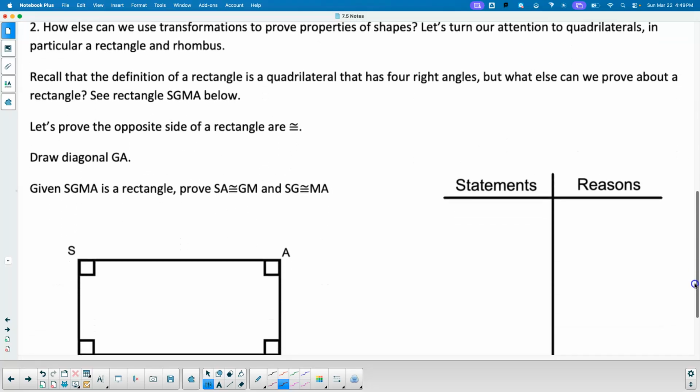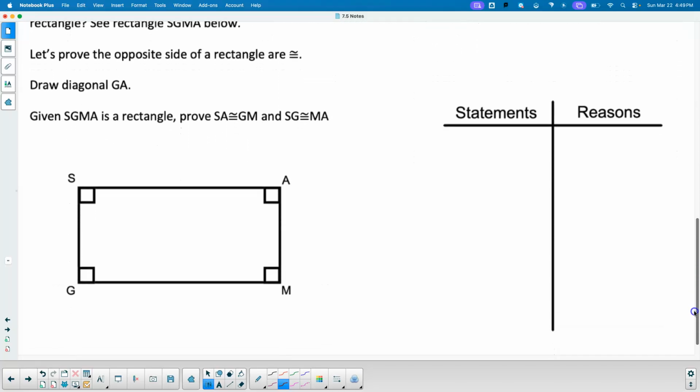So, here is a rectangle. Okay? So the very first thing that we're given is that we are given that SGMA is a rectangle. And our first reason is always given.